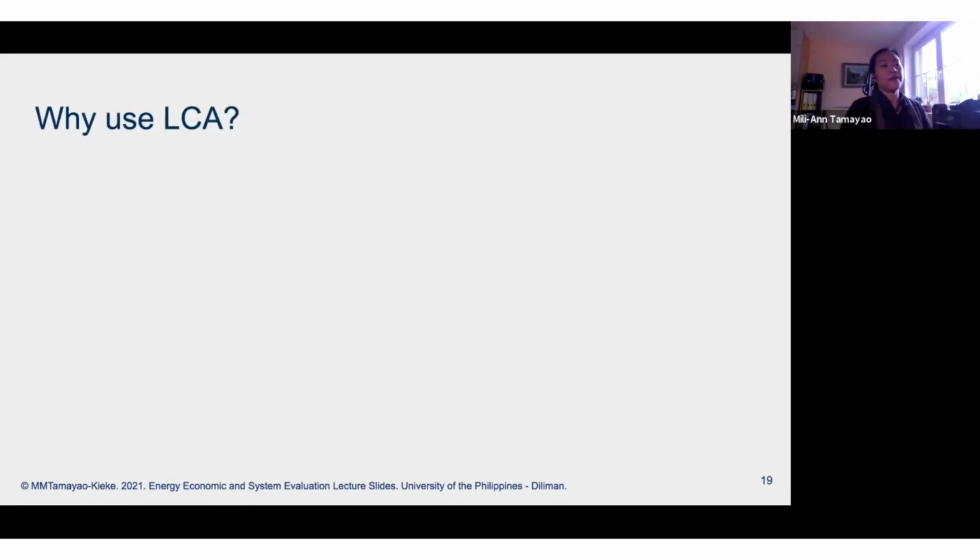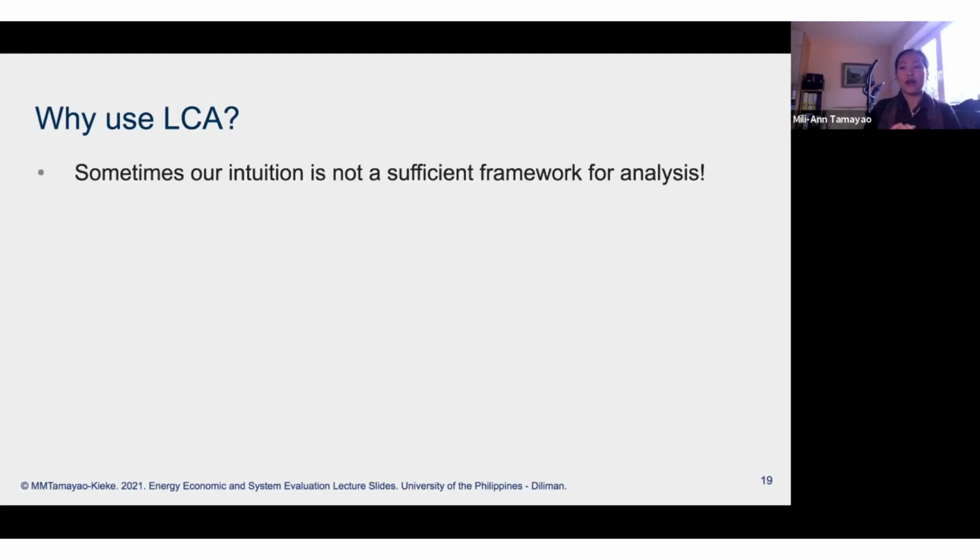Okay, so I already provided some convincing situations why you would want to use LCA. But I'd like to emphasize that in those situations, intuition is actually not sufficient.